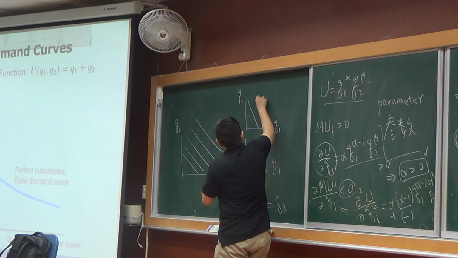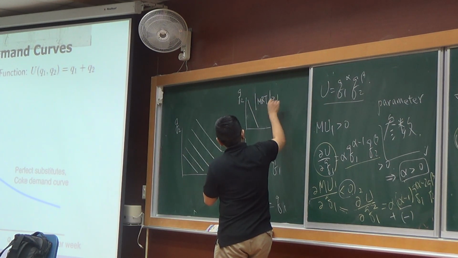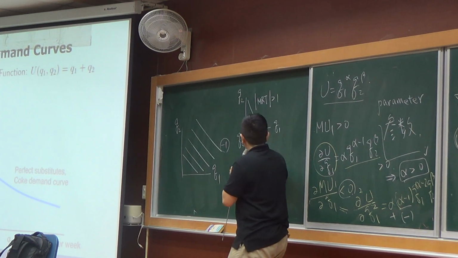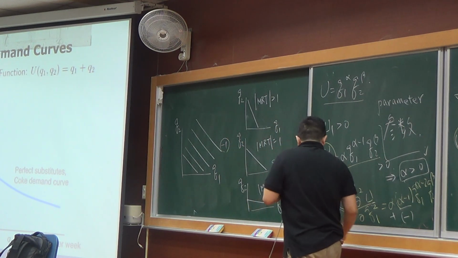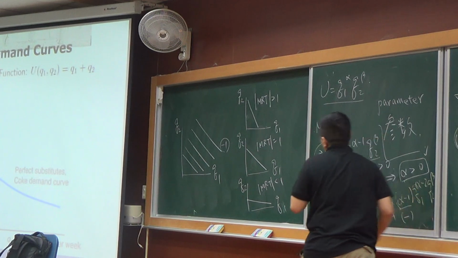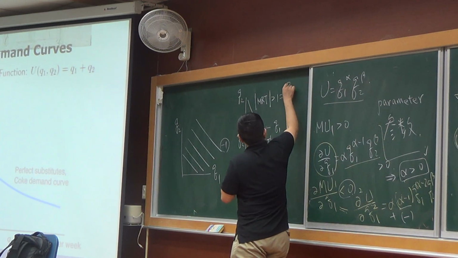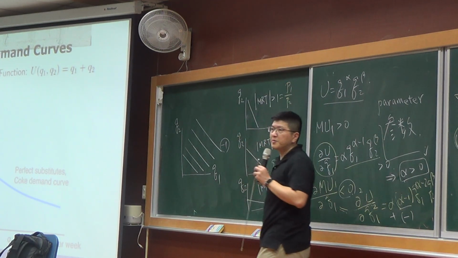So the MRT, absolute value of MRT, what is MRT? MRT is actually P1 over P2, right? Do you remember this?